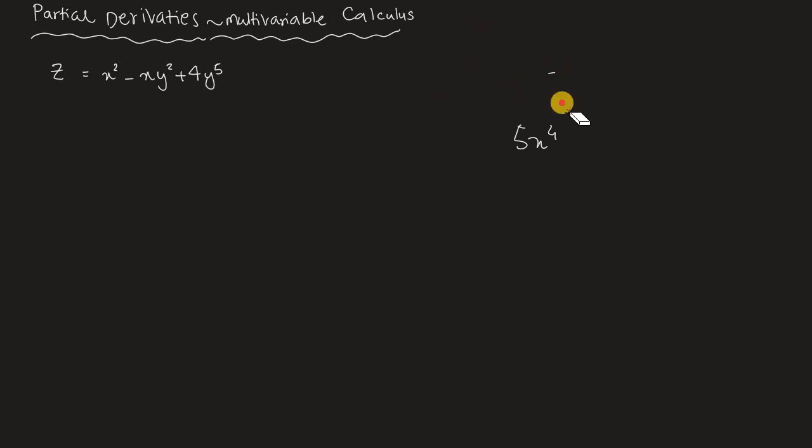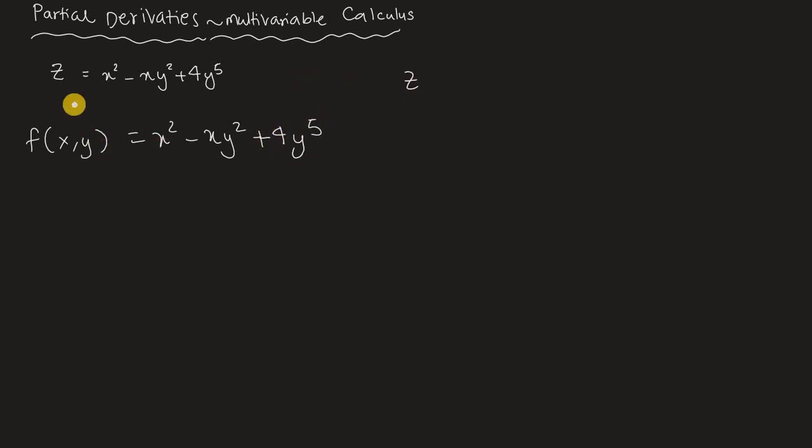Since this function is in the form of y and x, it can also be written as f of x, y equals x squared minus x y squared plus 4y to the power of 5. If you see z or you see f of x, y, these are the same thing, because this is simply saying that the function is in two variables, x and y.